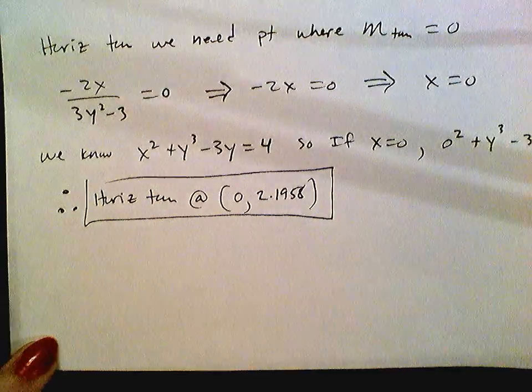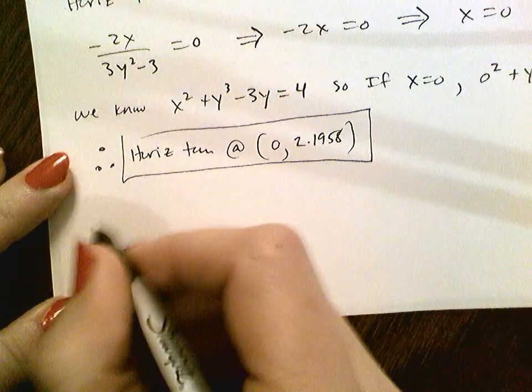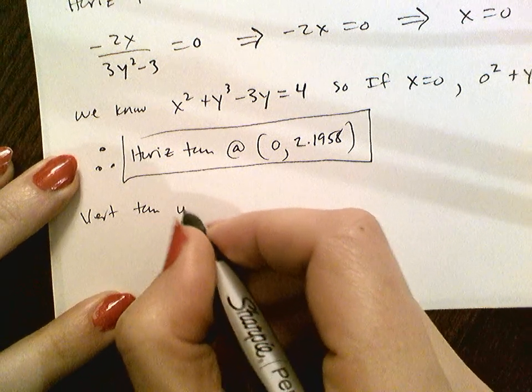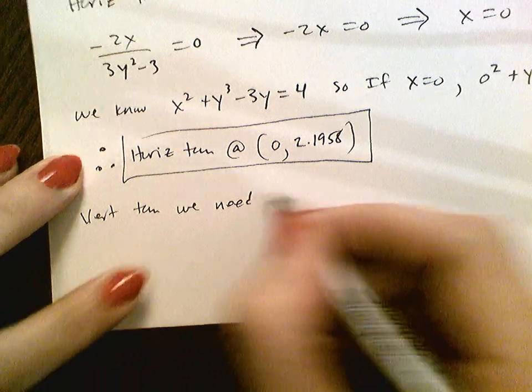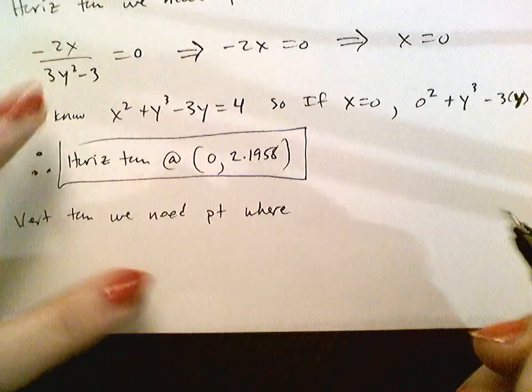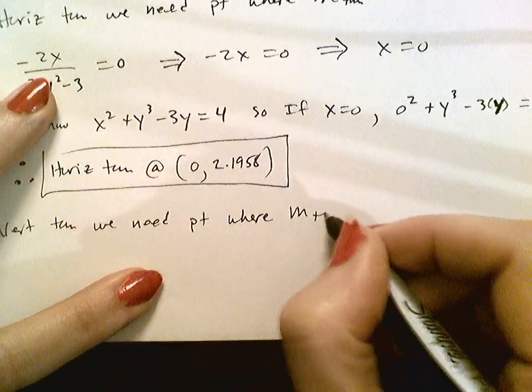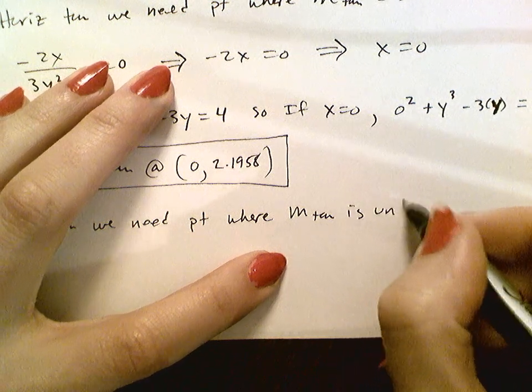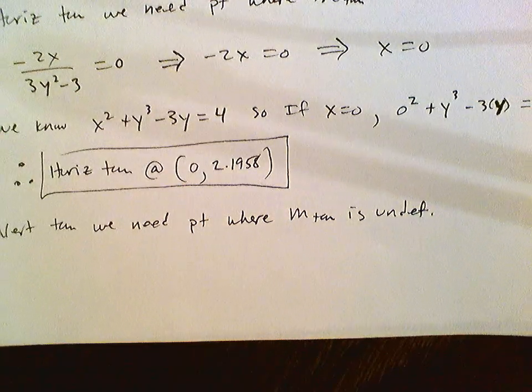Now I need the vertical tangent. Okay, so for vertical tangent, we need the point where the slope of the tangent line is undefined.